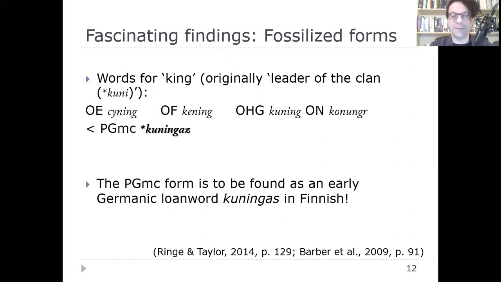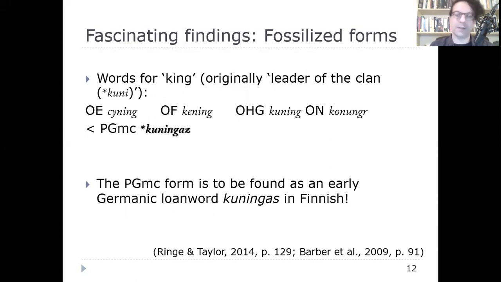So if we go to Finnish, the Finnish word for king is actually Kuningas. So in other words, the Proto-Germanic form was taken into Finnish thousands of years ago as a loan word from Proto-Germanic speakers who were not writing their language down at the time, and stayed that way, right?